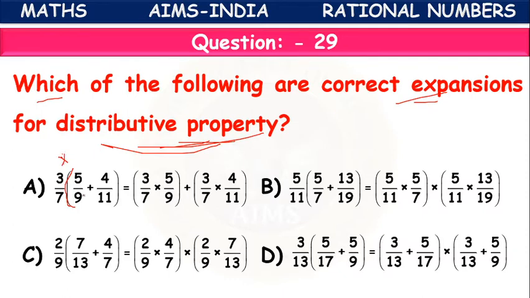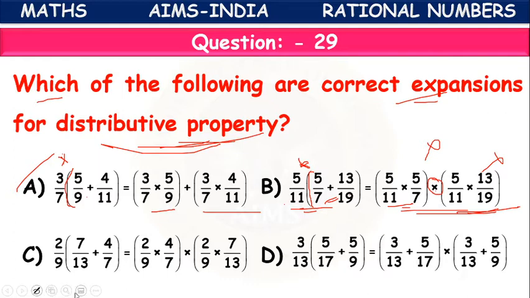In option A, multiplication is distributed over addition, so A is correct. In option B, the middle has a multiplication symbol, which is wrong, because multiplication is distributed over addition and the addition is missing. So B is wrong.